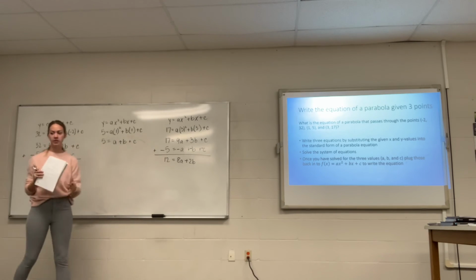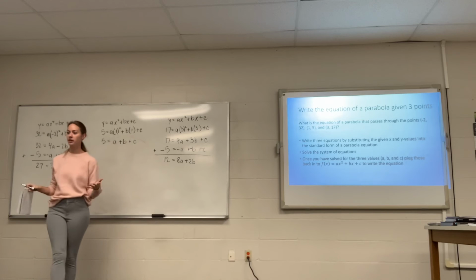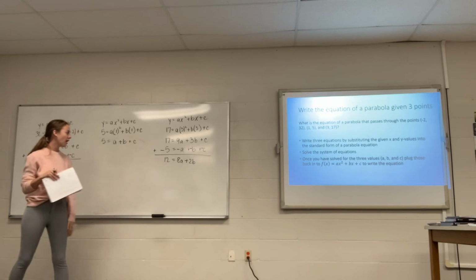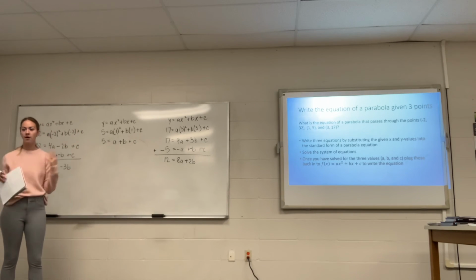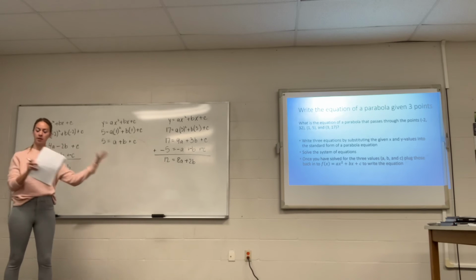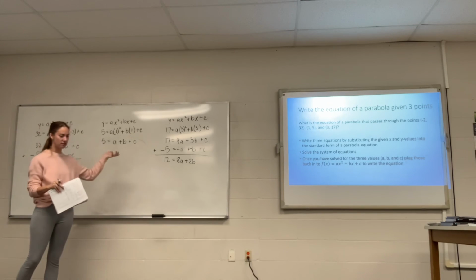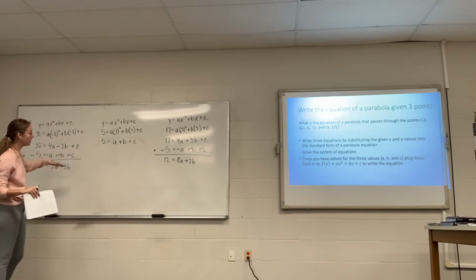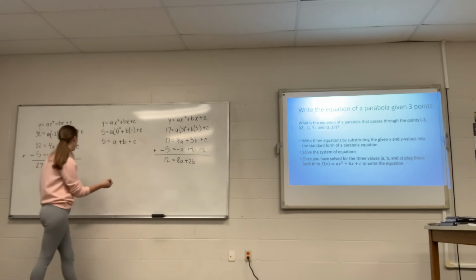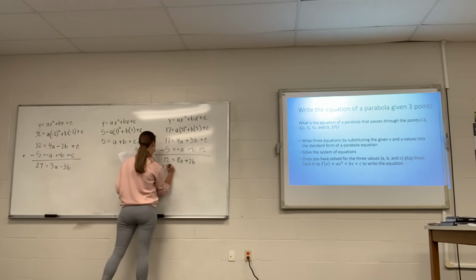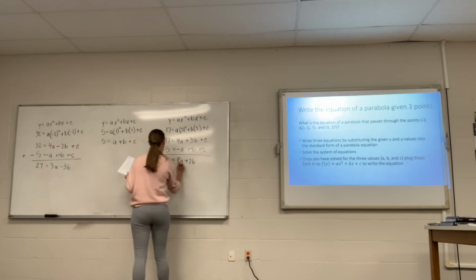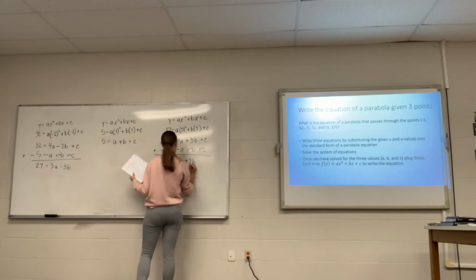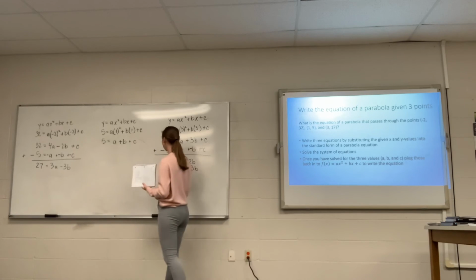So now what I'm trying to do is I'm going to try to get rid of another variable, either a or b, and then we'll solve it out so we'll have one of them, and then we can take that number, plug it back in, solve it to get the second number and then the third number, okay? So if we put these two equations together, so if I bring over this 27 is equal to 3a minus 3b.